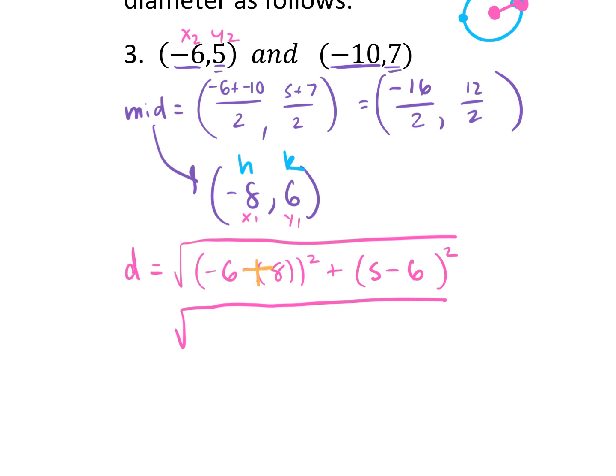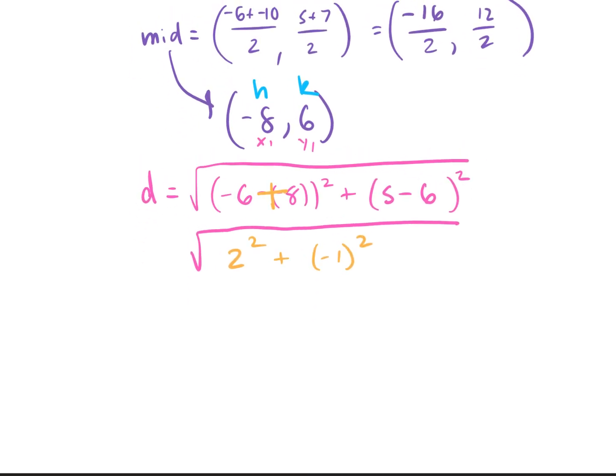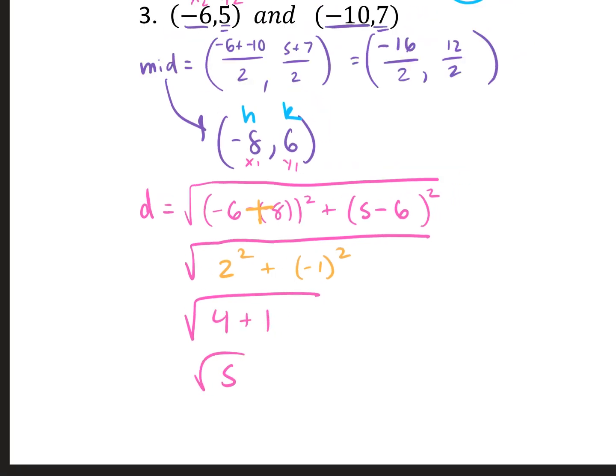So this turns into a plus. So we have 2 squared plus negative 1 squared. 4 plus 1 would be 5.